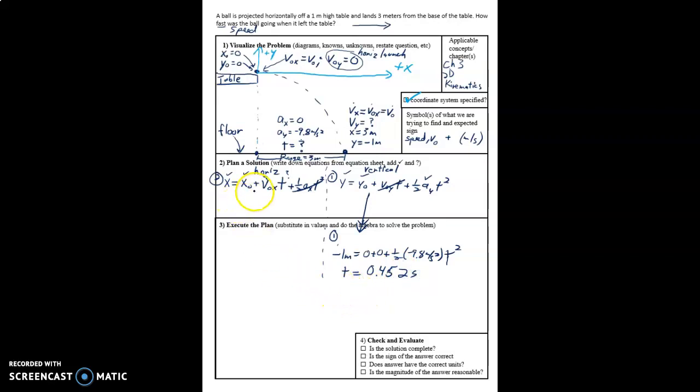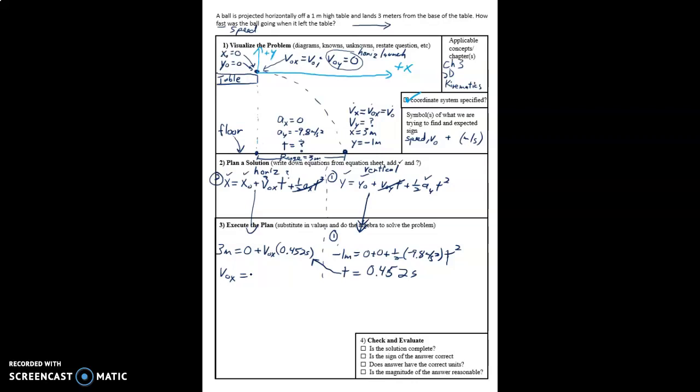Now we can use that in this equation. So we'll bring this one down, and we'll say that our x value, we know that's 3 meters, x naught is 0, plus v naught x times 0.452 seconds. Okay, so this went right into there. And now we can solve, and we get v naught x equals 3 divided by 0.452.